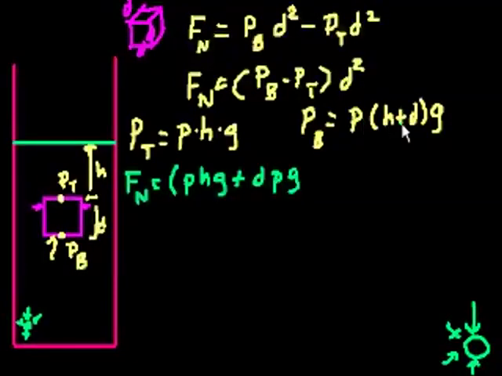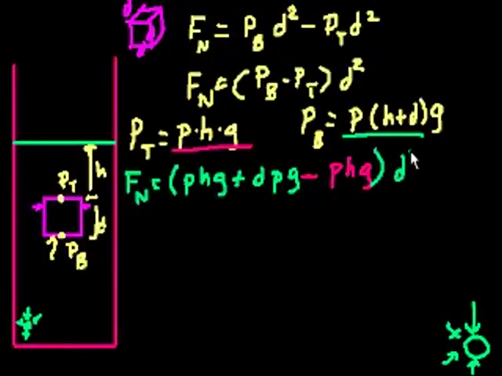I just distributed this out. That's the pressure at the bottom, and then minus the pressure at the top, minus rho h g, and then we learned it's all of that times d squared. Right? So immediately we see something cancels out. Rho h g, subtract, cancels out.